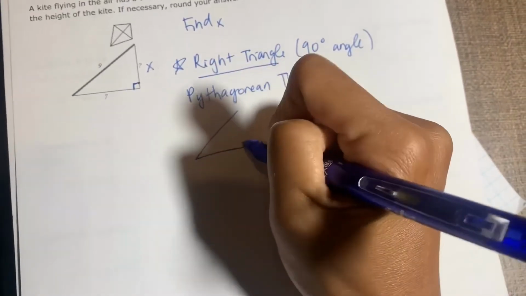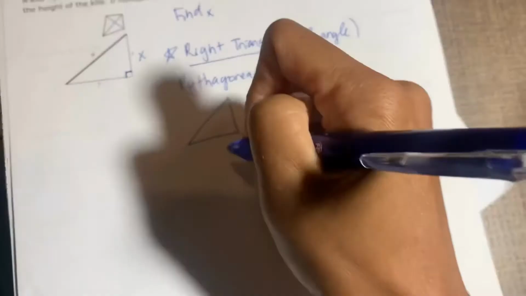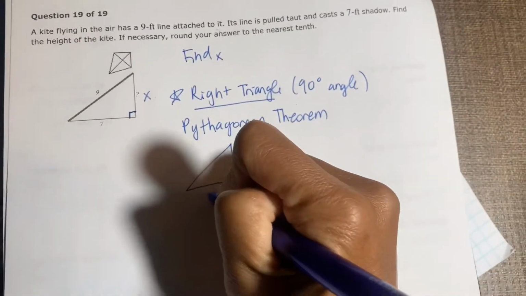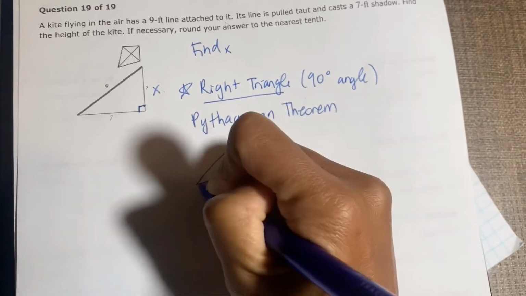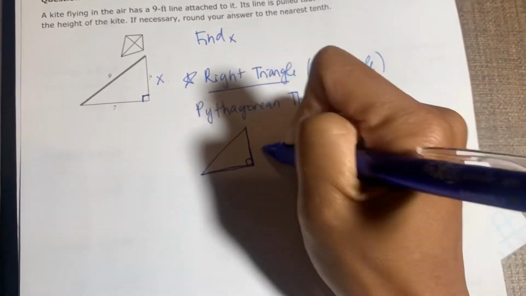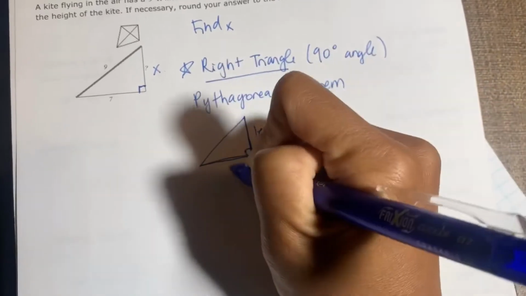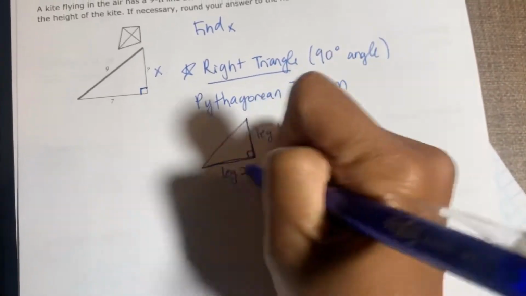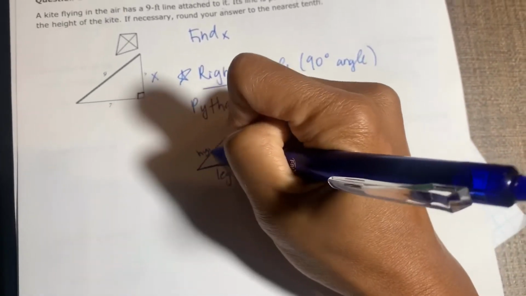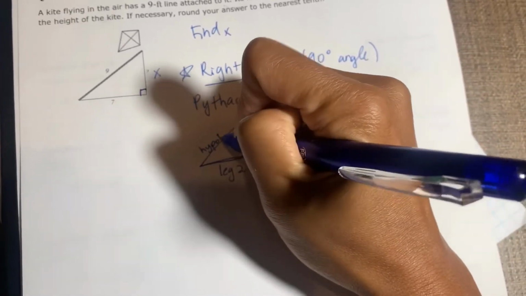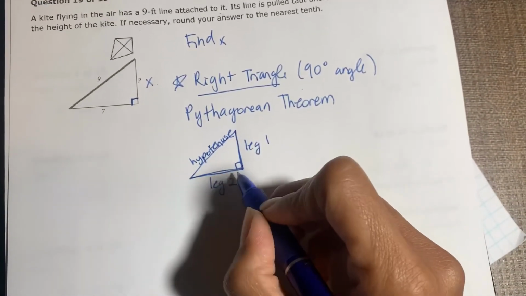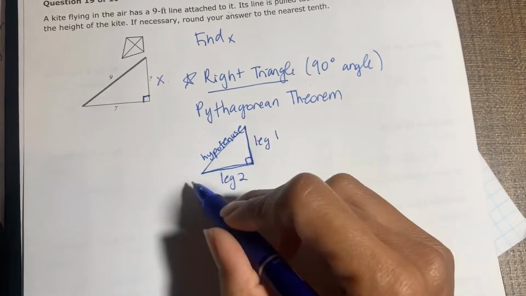These are the legs of the right triangle. It doesn't matter which leg is which. I'll just call this leg 1, and I'll call this leg 2. And this long diagonal side is called the hypotenuse. It's opposite the right angle. So that's the hypotenuse, and here's the leg and the leg.